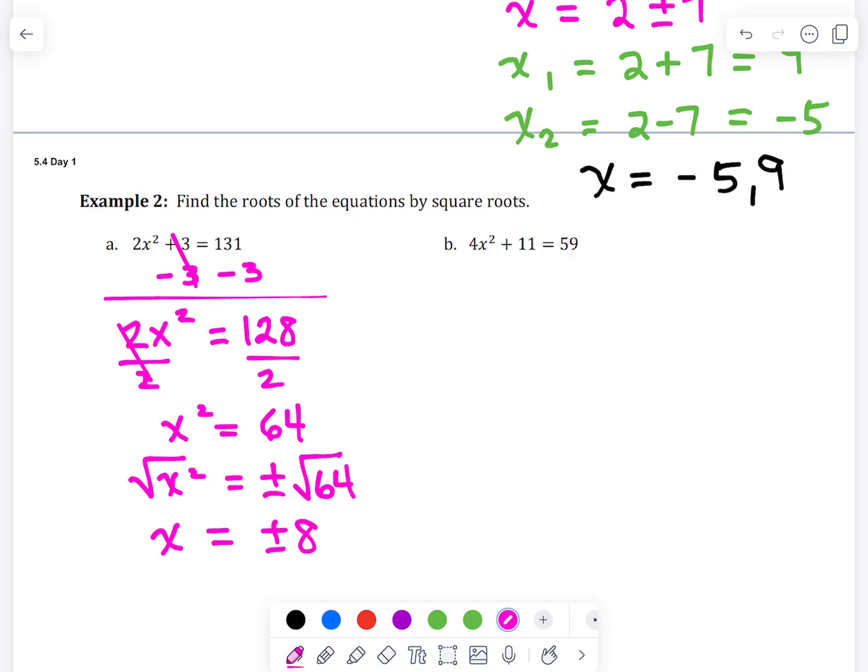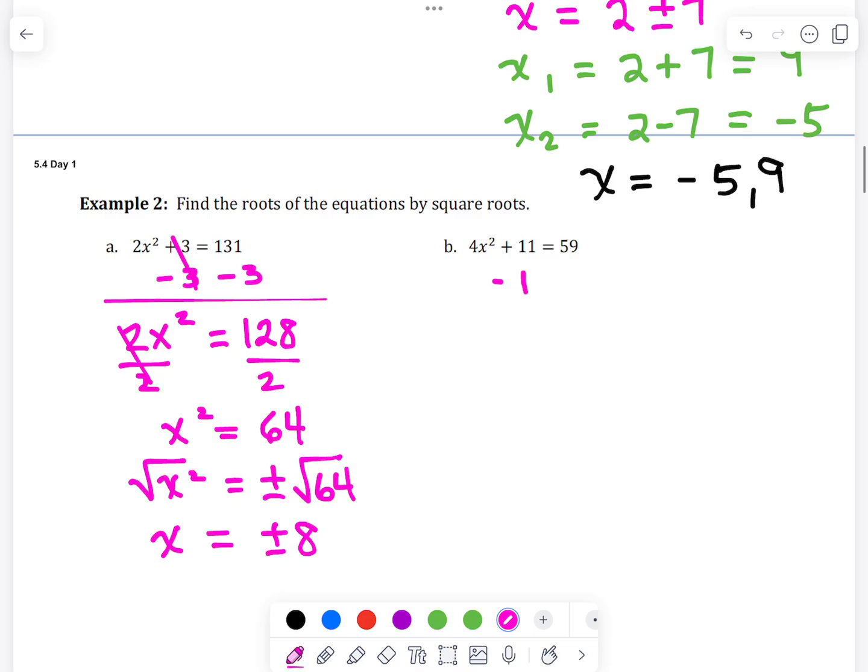Next one. Again, we need to isolate the x squared, so we subtract 11 from both sides. Simplify. 59 minus 11 is 48. Then we undo the 4, so we divide both sides by 4.